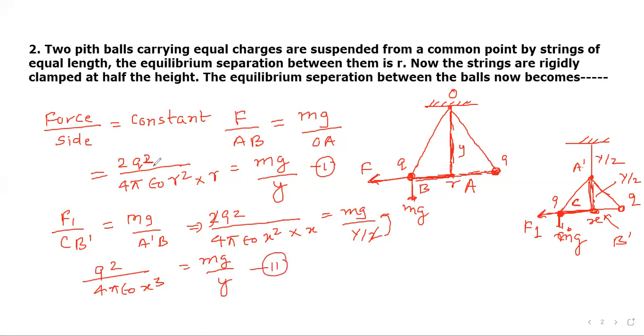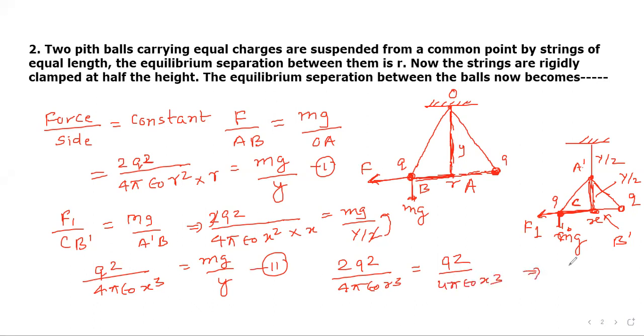Now the first equation says 2q square divided by 4 pi epsilon naught r cube equals mg by y, and here this is q square divided by 4 pi epsilon naught x cube. So the two expressions will be equal. From where we get 2q square divided by 4 pi epsilon naught r cube equal to q square divided by 4 pi epsilon naught x cube.